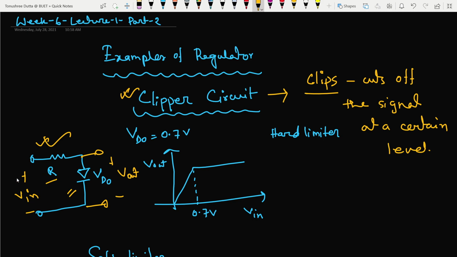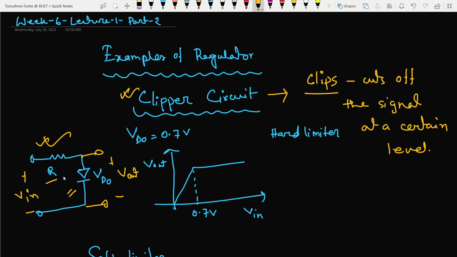Because if my input signal is greater than VD0, this diode is going to be on, and there's going to be a current flow, so we just get VD0 at the output. But if the input signal is lower than that, we are not going to get any current flow through the diode, so the input just comes to the output.